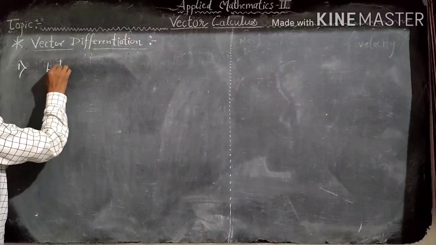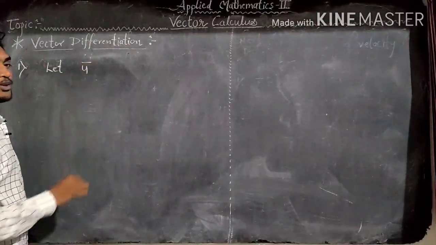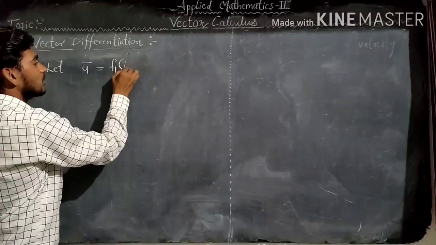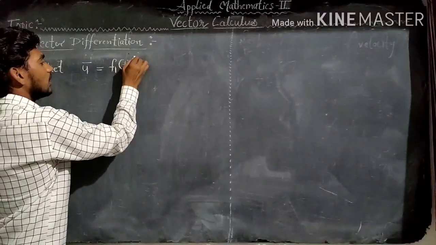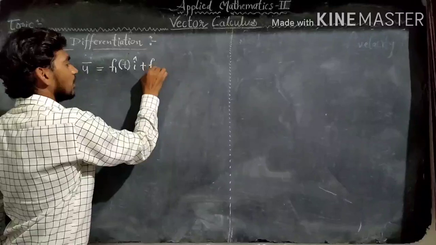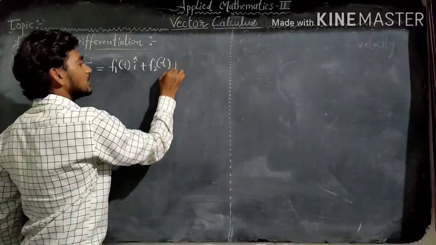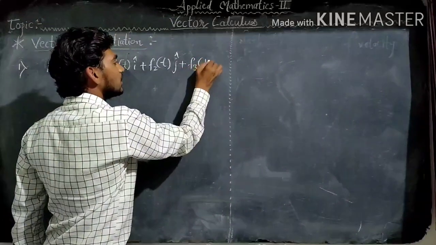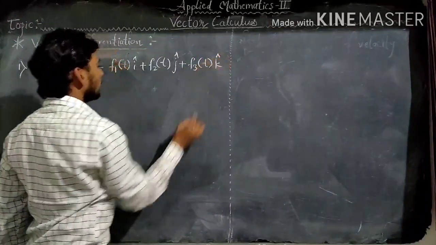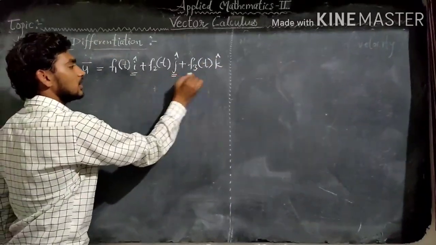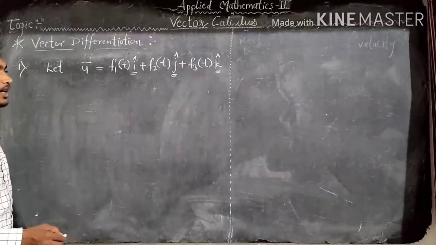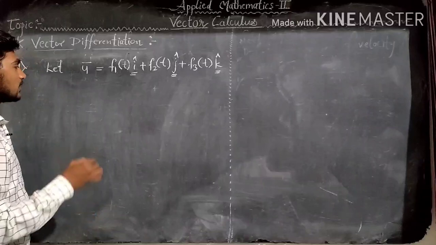Let any vector, say vector u, is equal to f1 of t i plus f2 of t j plus f3 of t k, where i, j and k are unit vectors along x, y and z axis respectively.